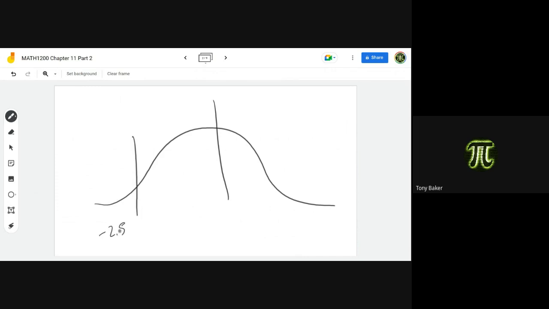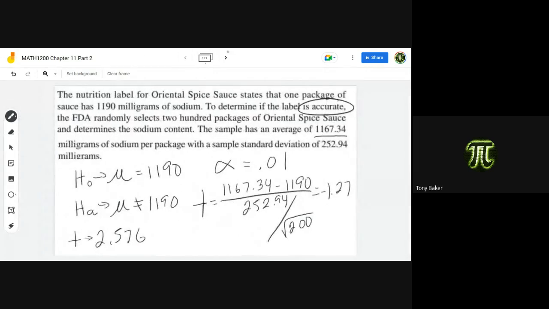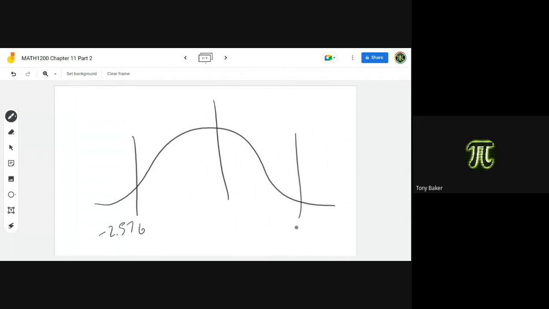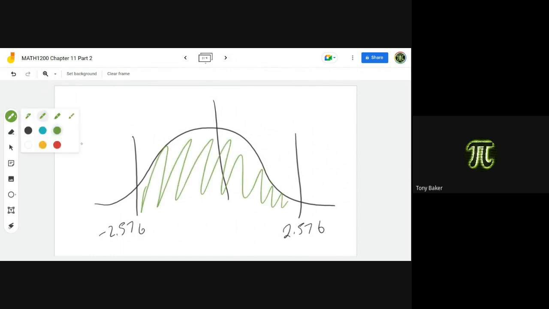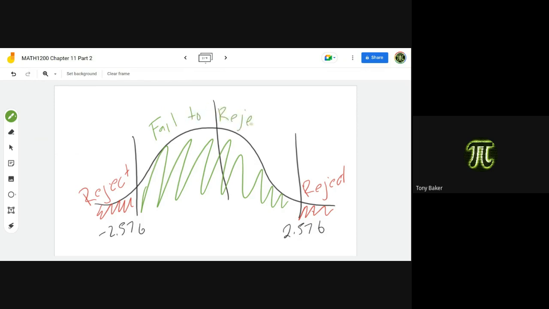The negative 2.576 and 2.576 are the boundaries, with reject outside and fail to reject in the middle.